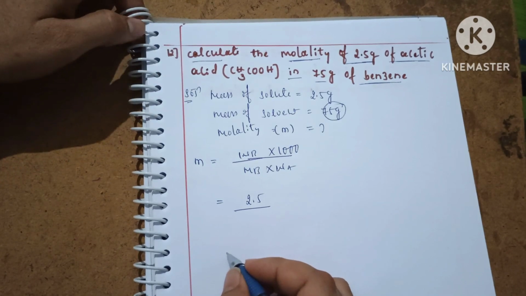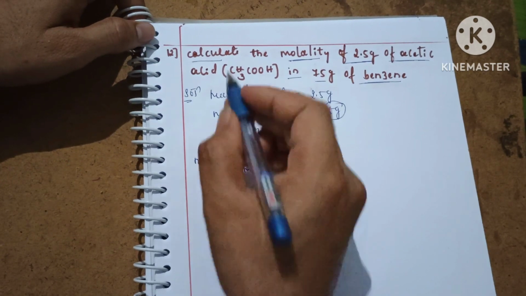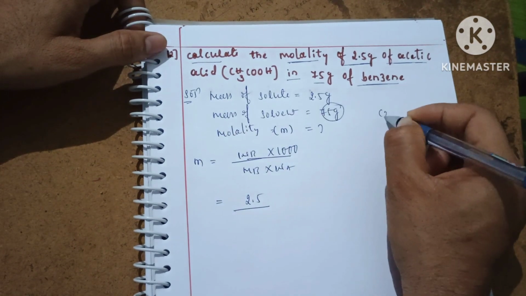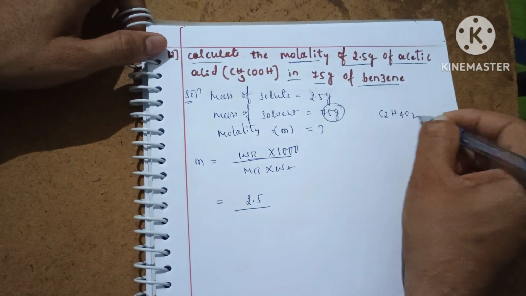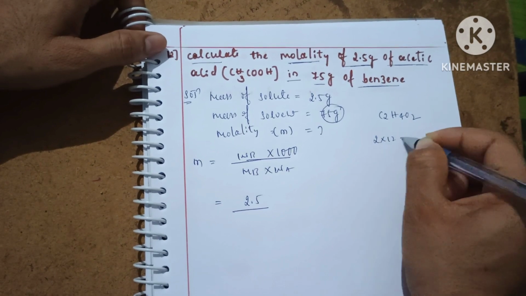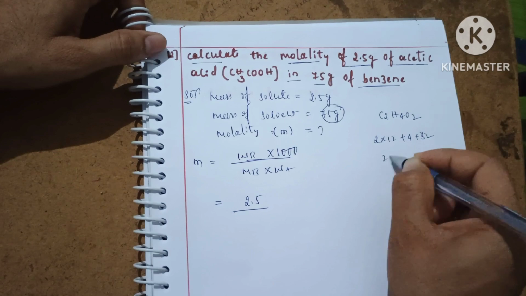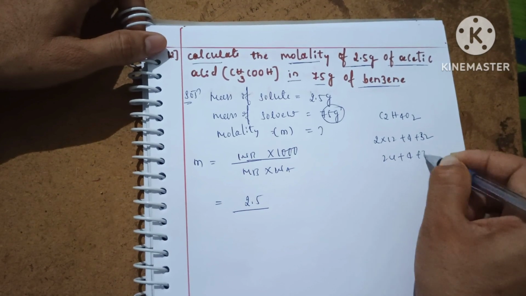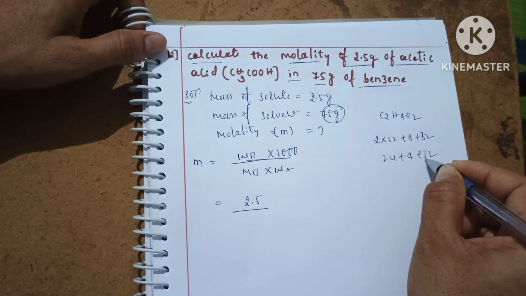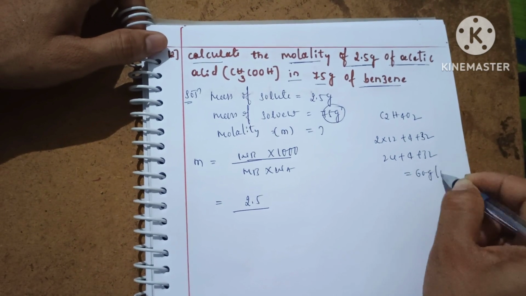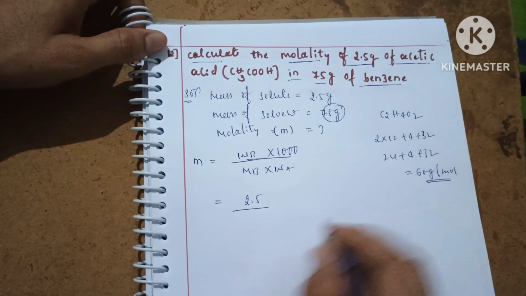The molar mass of acetic acid is 60. Why? Because the formula is CH3COOH, that is C2H4O2: 2 into 12 plus 4 plus 32, that is 24 plus 4 plus 32, which is 60 gram per mole of acetic acid.